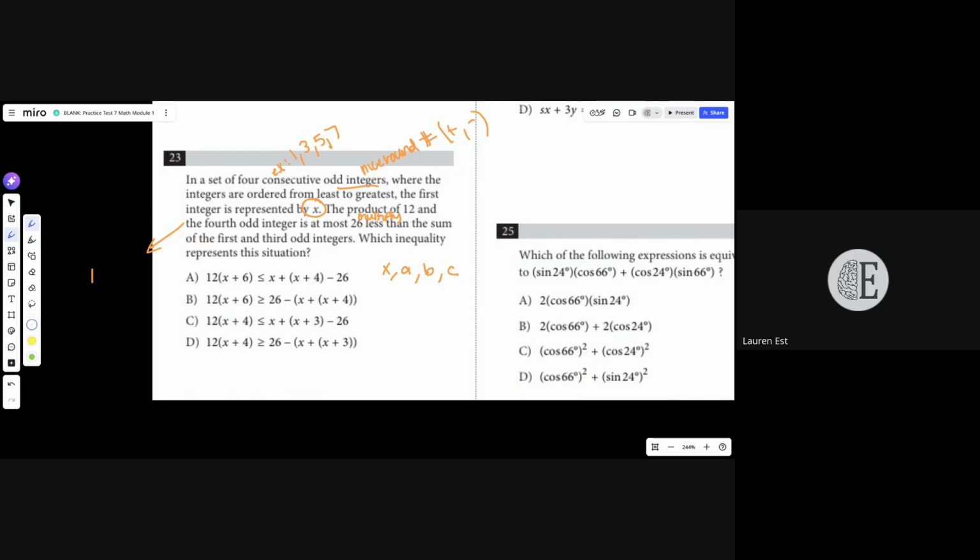So this is 12C is at most 26 less than the sum of the first and the third. Holy cow. So x minus b. Sorry, the sum is x plus b. So sum is add, and then 26 less than that is at most.